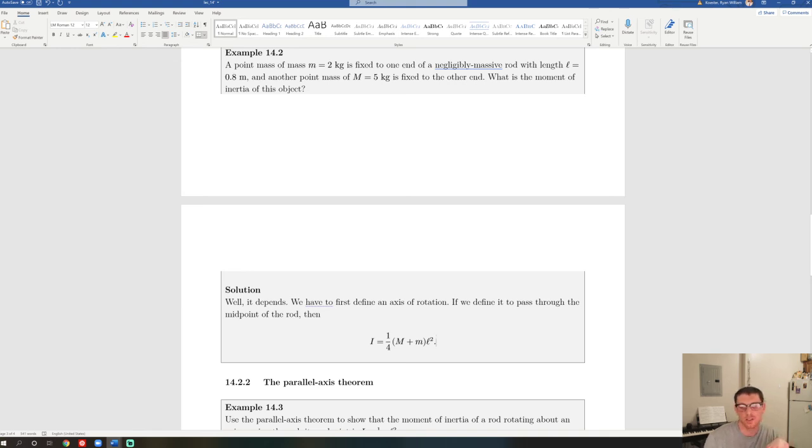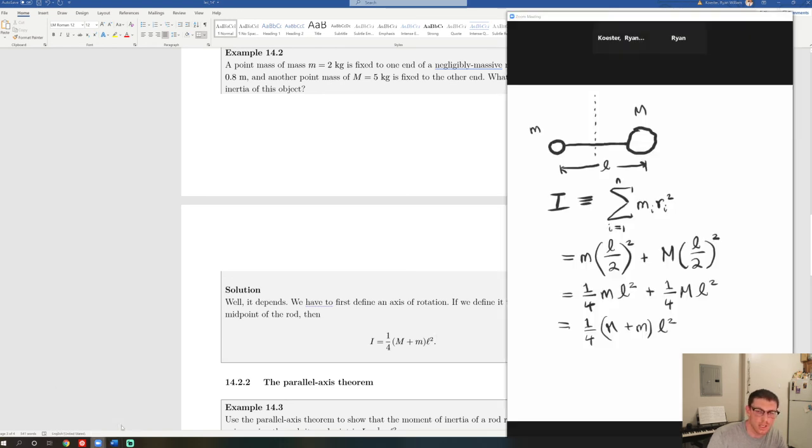But now maybe let's look at another way we could define our axis of rotation. I'm not going to do every possible way, obviously, because that would take forever, literally. But what I want to talk about very briefly, and I probably won't even put this in the document, is let's now imagine that we take our axis of rotation to be through the smaller mass.